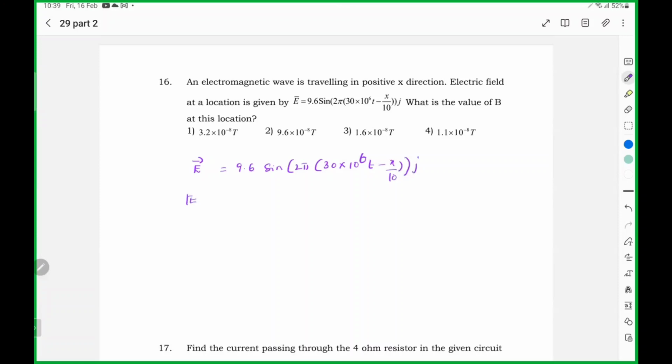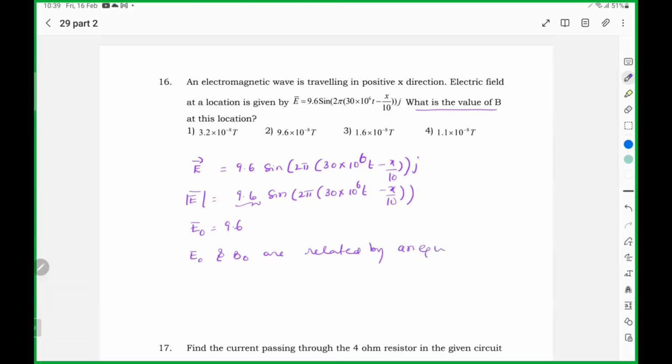So the magnitude of electric field will be, this is the amplitude of electric field. And what is the value of B? So E naught and B naught are related by an equation.